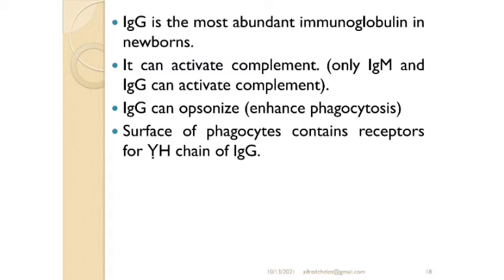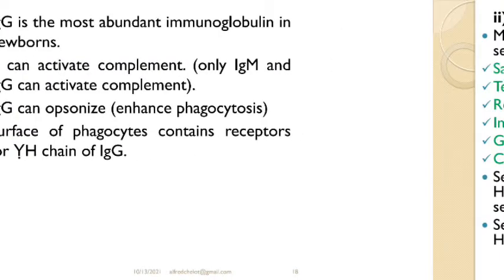Because this immunoglobulin can cross the placenta, it is the most abundant immunoglobulin in newborns. It can activate the complement, and it is important for you to know that only immunoglobulin M and G can activate complement. They also act as opsonizers to enhance phagocytosis, and the surface of the phagocyte contains receptors for the heavy chain of immunoglobulin G.